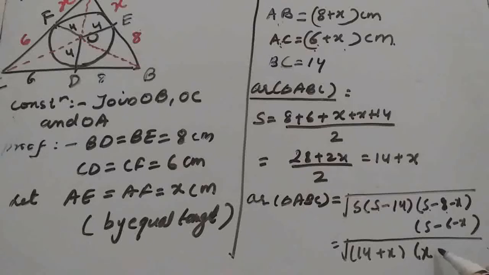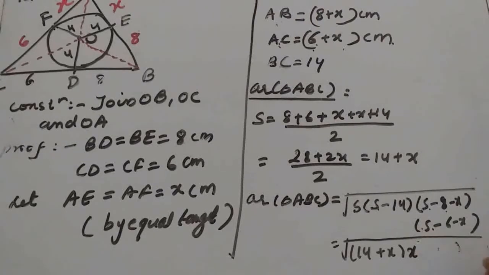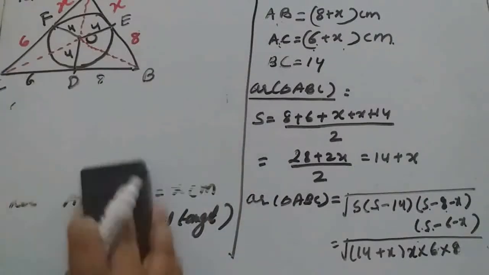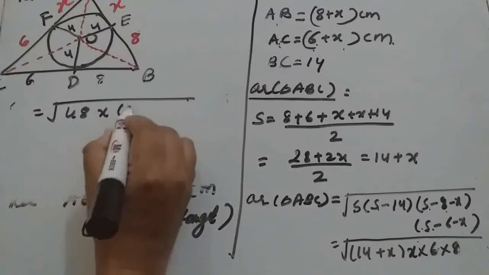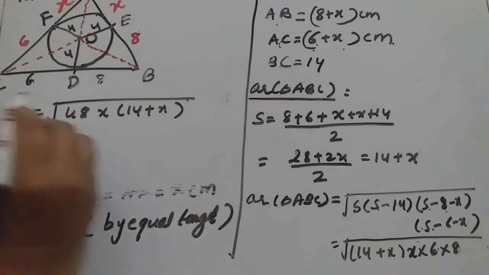Then 14 plus x minus 8 minus x, the x will go and only 6 will remain. And here also, 14 plus x minus 6 minus x, the x will go and 8 will remain. So the answer will be the square root of 48x times (14 plus x). This is the area.